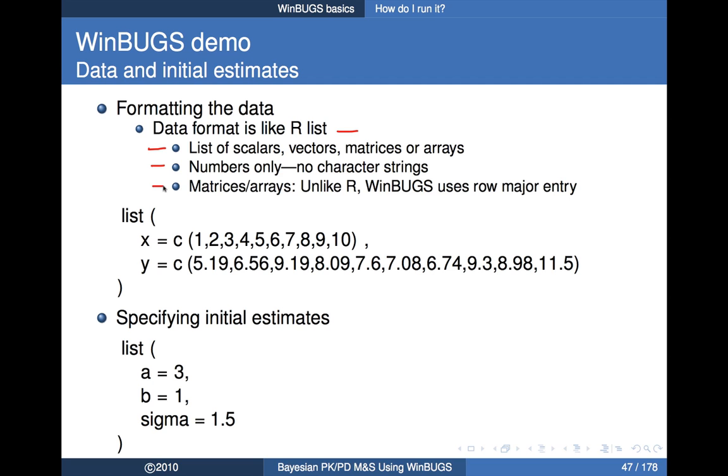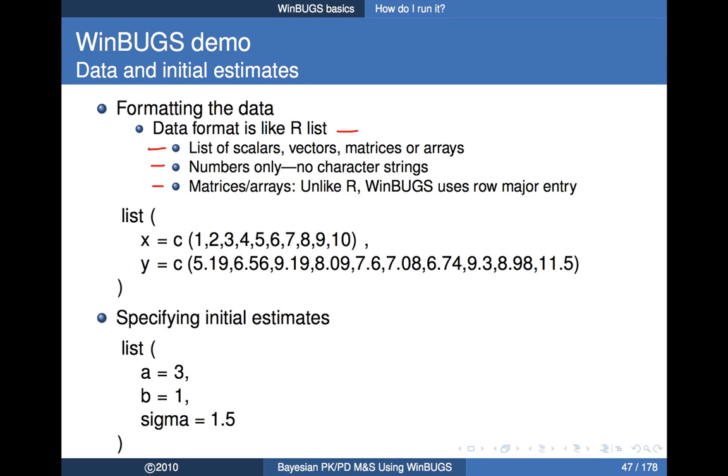One little quirk that's a little different from R is when it comes to matrices and arrays. R uses what is called column major entry. So if you think about the way matrices are stored in the computer when you write them in R, it's the row number which is moving fastest.